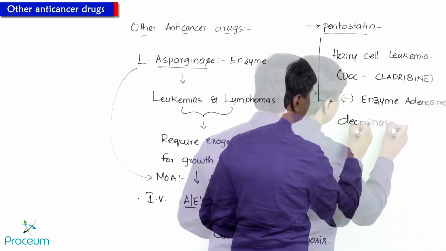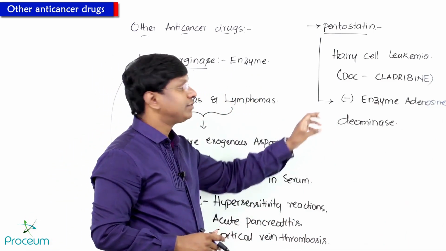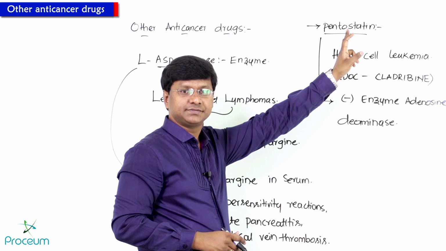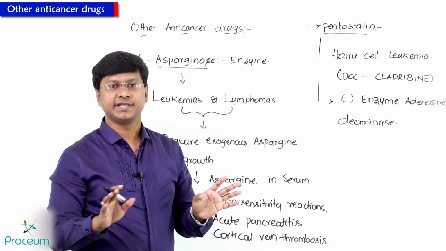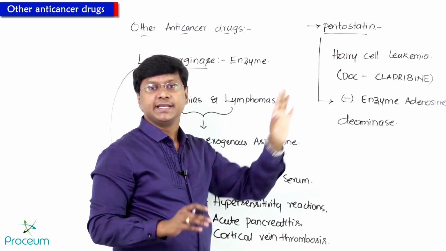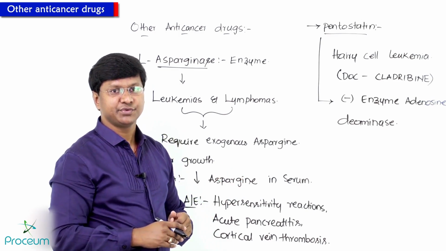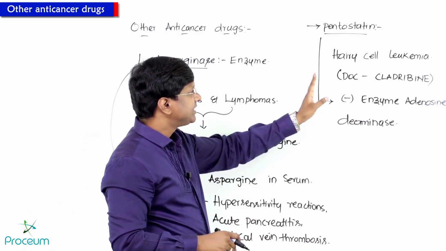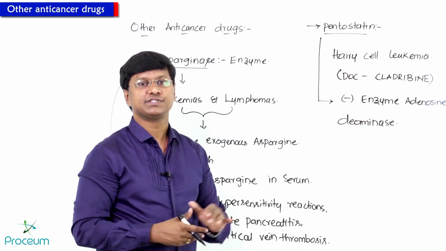Even though we have the word statin, it has no HMG-CoA reductase inhibiting action. So this is an important point you need to remember. It is used in the treatment of hairy cell leukemia, and the drug of choice is what?